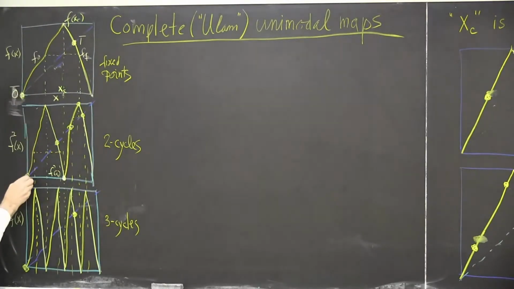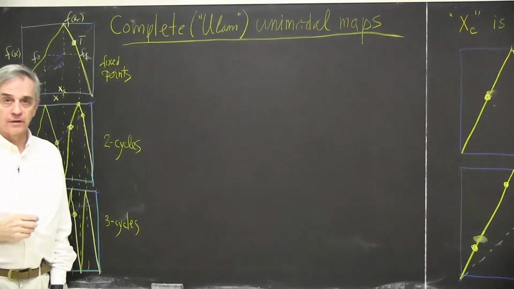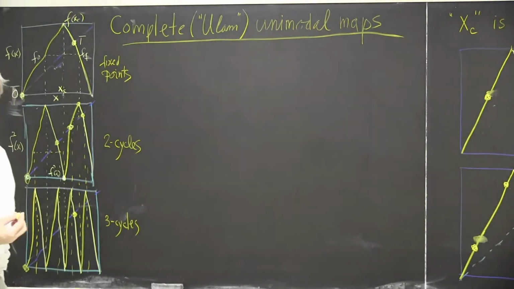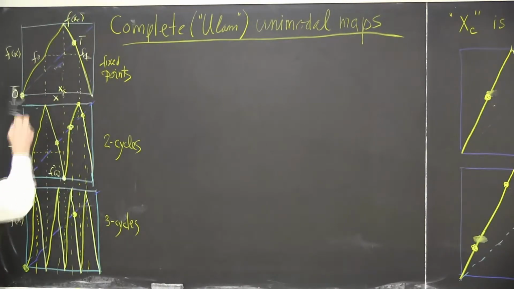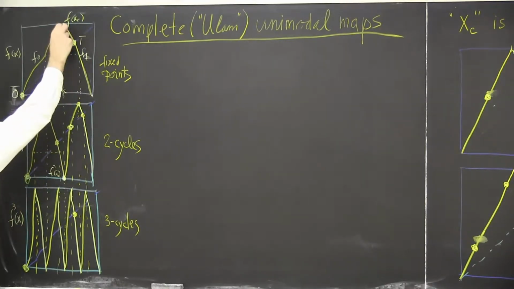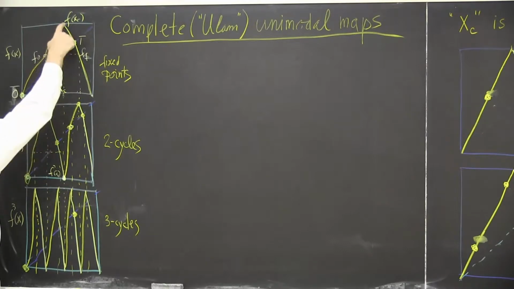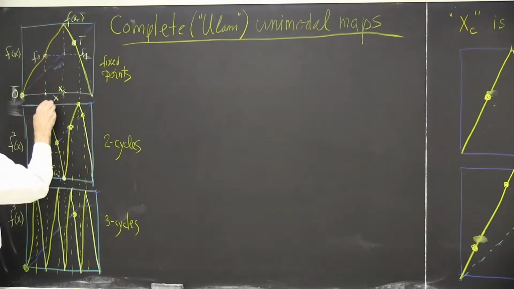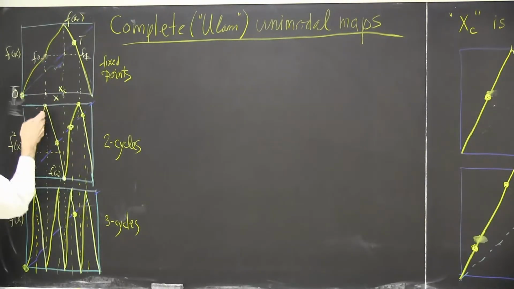This fixed point stays where it is, because a fixed point of a map iterated once is the same as a fixed point of the map iterated twice, 3 times, etc. So these things don't move. But there is a value here which is the preimage of the critical point, in which in one iteration I end up at 1. So this whole half interval here stretches out and reaches the ceiling.